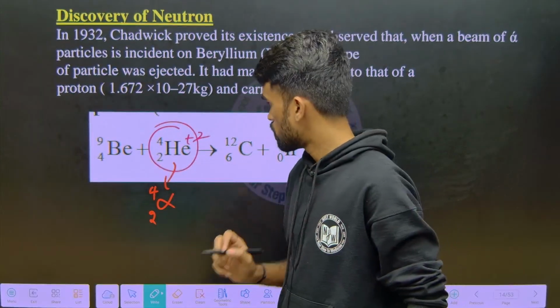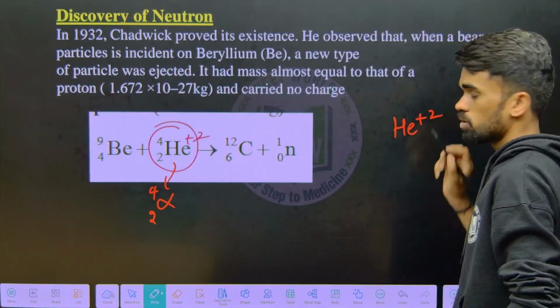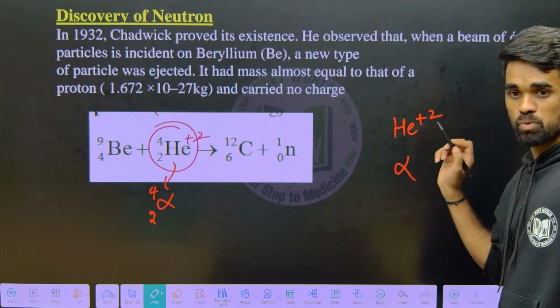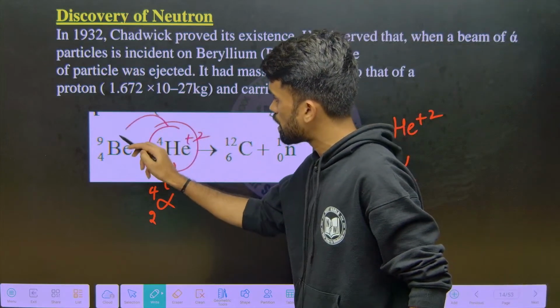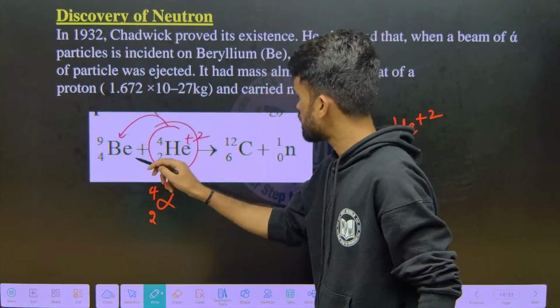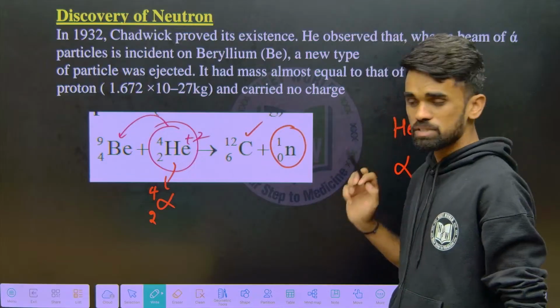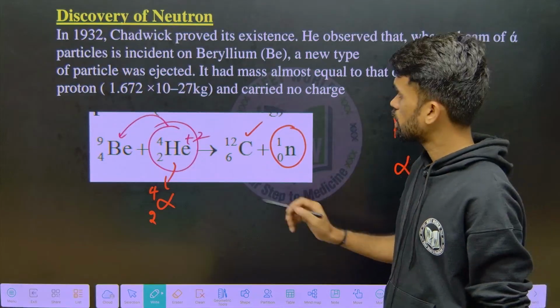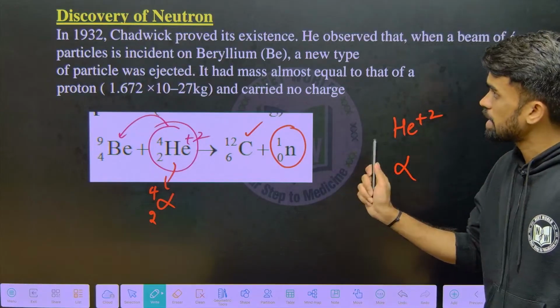They may indicate it like He 2+ or alpha like this, both are alpha particles only. When this alpha particle bombards the beryllium, what will we get? We will get an extra particle along with carbon, which we call the neutron. This reaction is also important. Now, just write this reaction also.